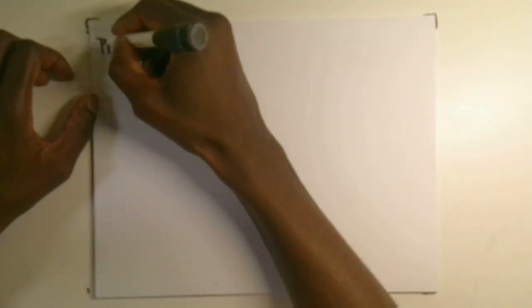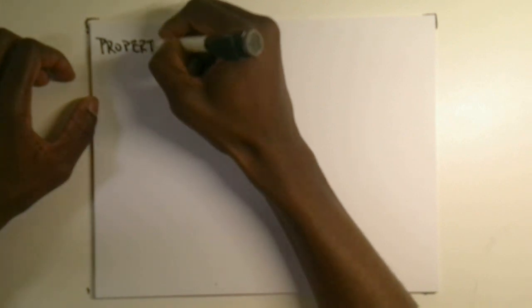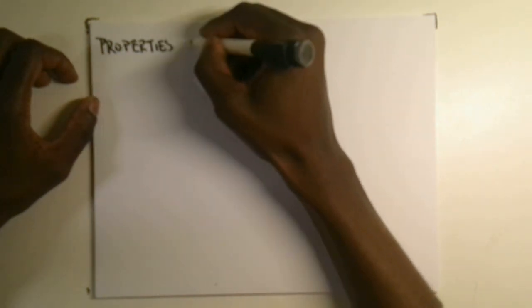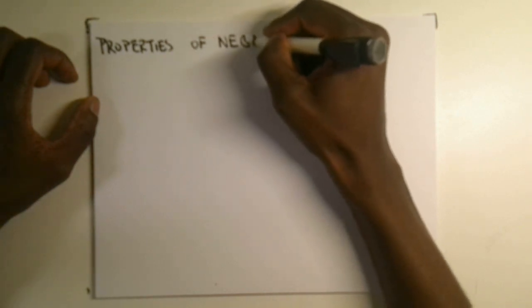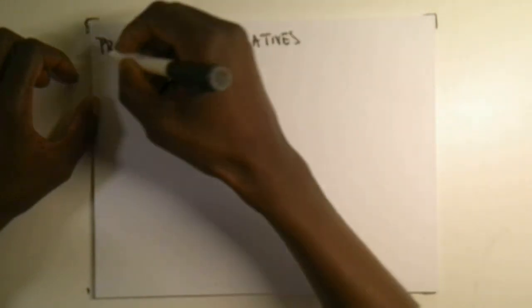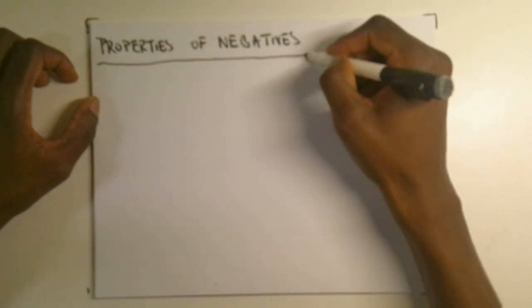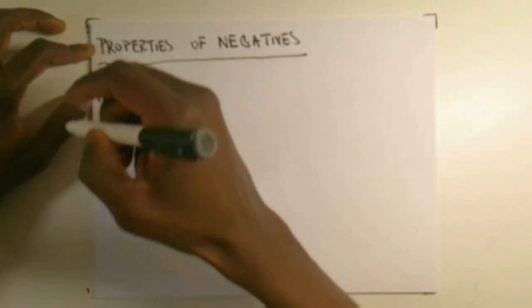Hi. So for this video, we'll look at the properties of negatives. Now, the properties of negatives, we're going to look at 6 of them for this video.